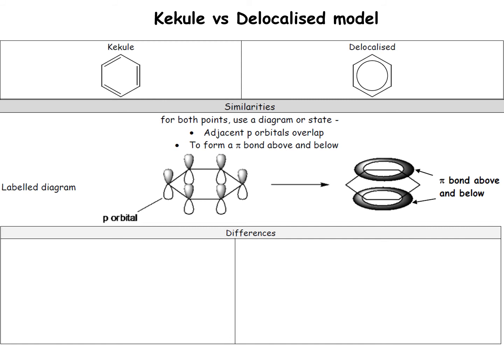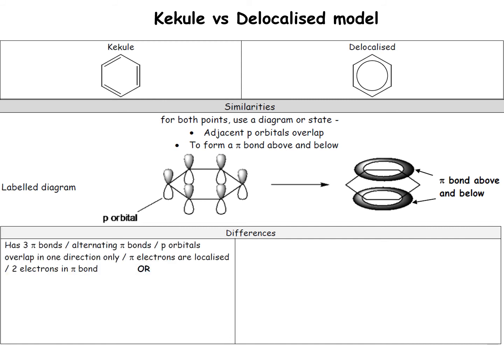So to look at the differences in the Kekule structure, we could say that there are 3 pi bonds as opposed to only 1 in the delocalized model, that the pi bonds are alternating every other pair of carbons, that the p orbitals are overlapping one way only, so they're not overlapping all around.